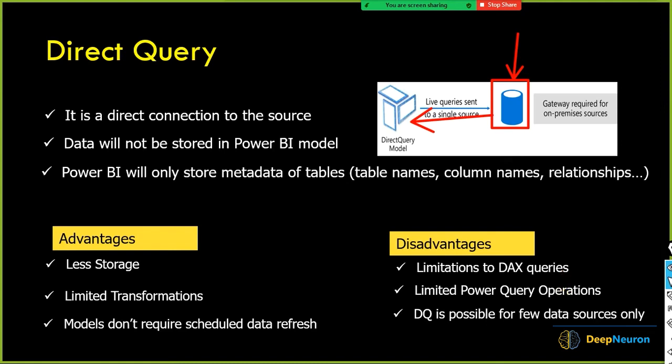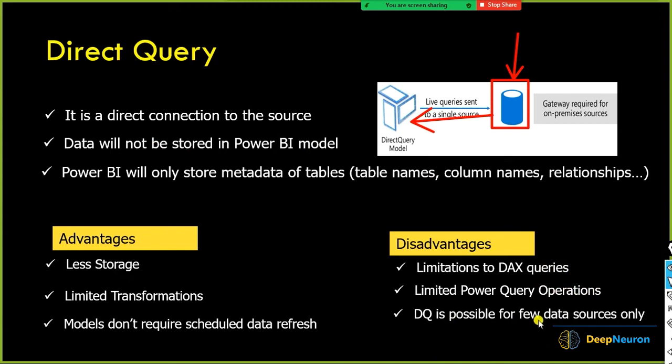That is where we do all kinds of data transformation, cleaning, data blending or mashup. Everything we do there in the Power Query editor. Right, so in the Power Query editor also, you can do only some operations with direct query connectivity mode. So there are some limitations, okay.